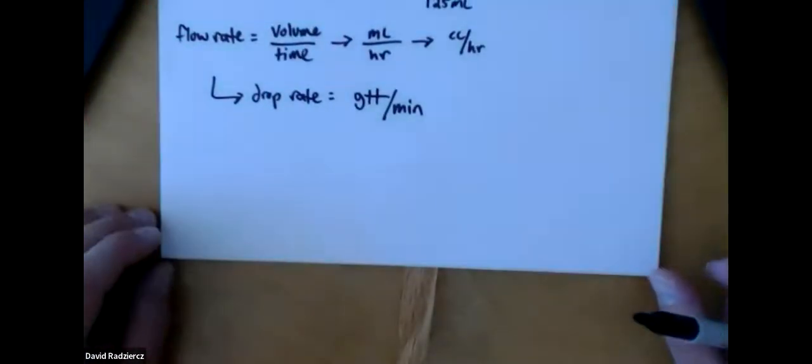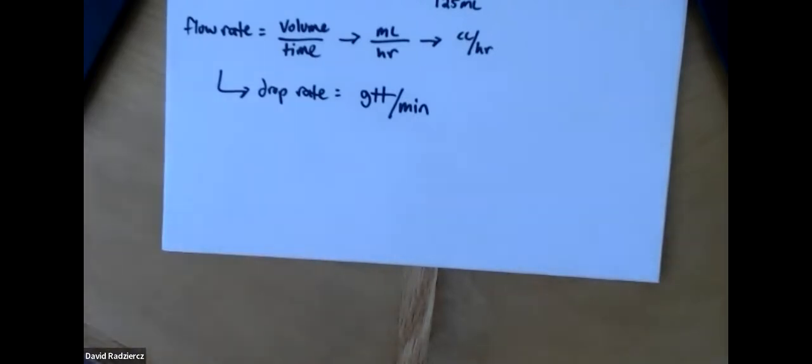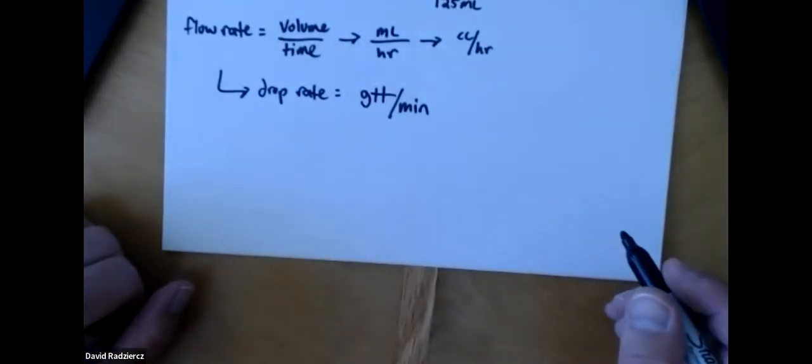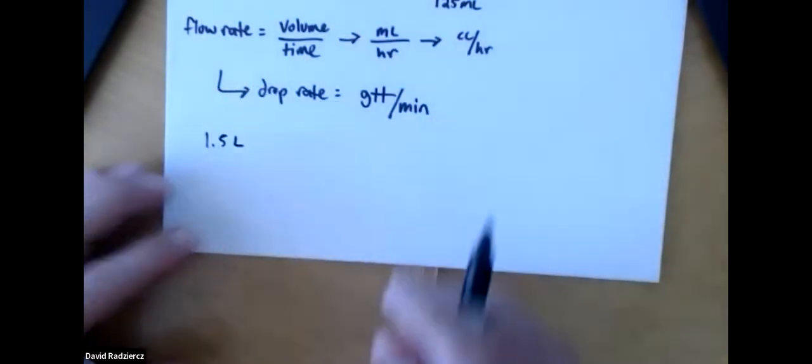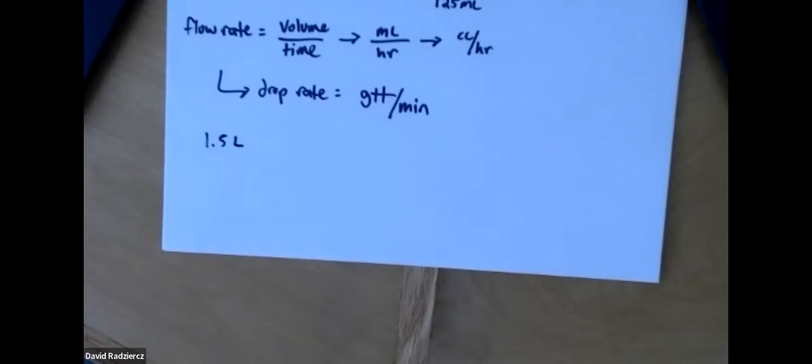All right, so as a basic example, let's say we want to know what to program the infusion pump if we want to infuse 1.5 liters of something. It could be normal saline, or 5% dextrose in water, whatever you are ordered to infuse.